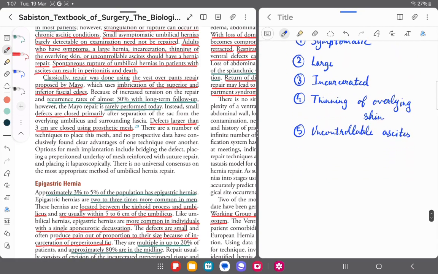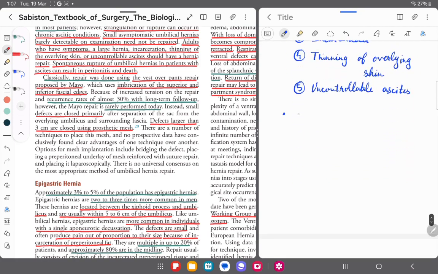So our last point for umbilical hernia would be hernia repair. How to approach umbilical hernia repair? If it is more than 3 cm, or if the umbilical hernia is less than 3 cm.